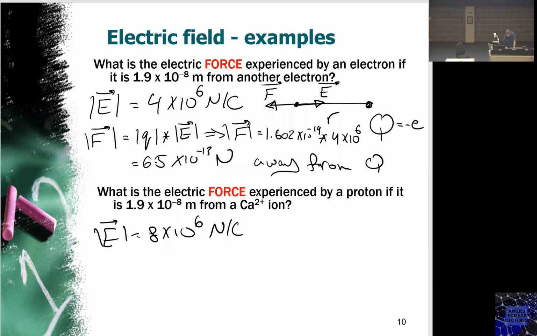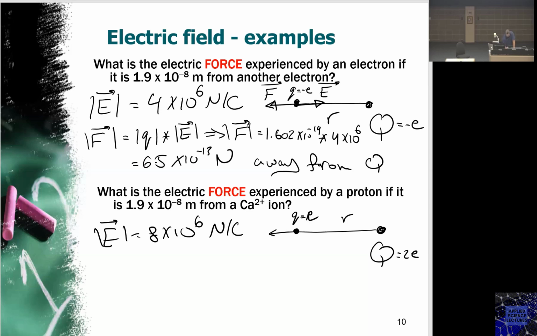So here, my capital Q is 2e, and the distance is the same, r. But now, here we put an electron, so small letter q was minus e. Here we put a proton, so my small letter q was 1e.